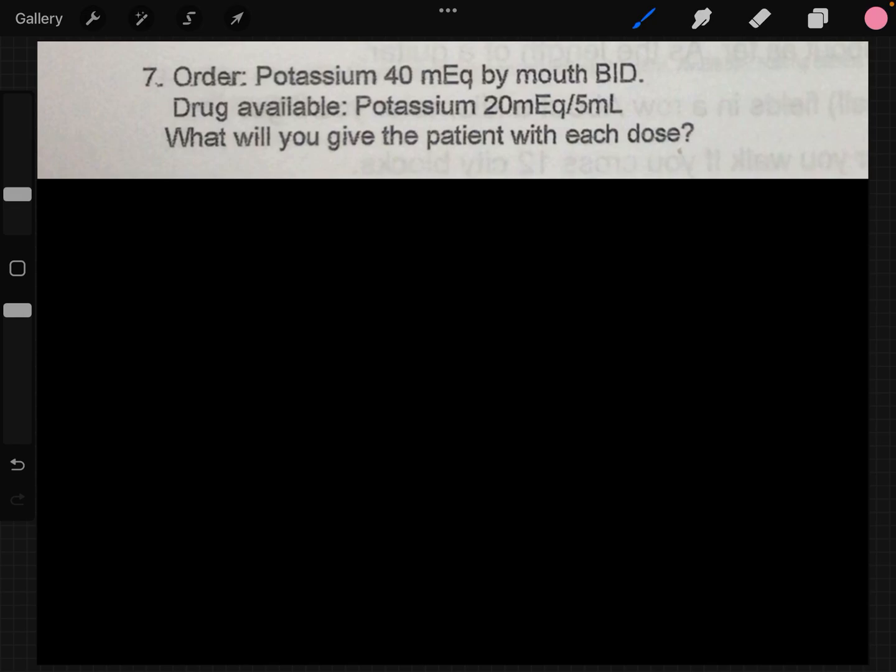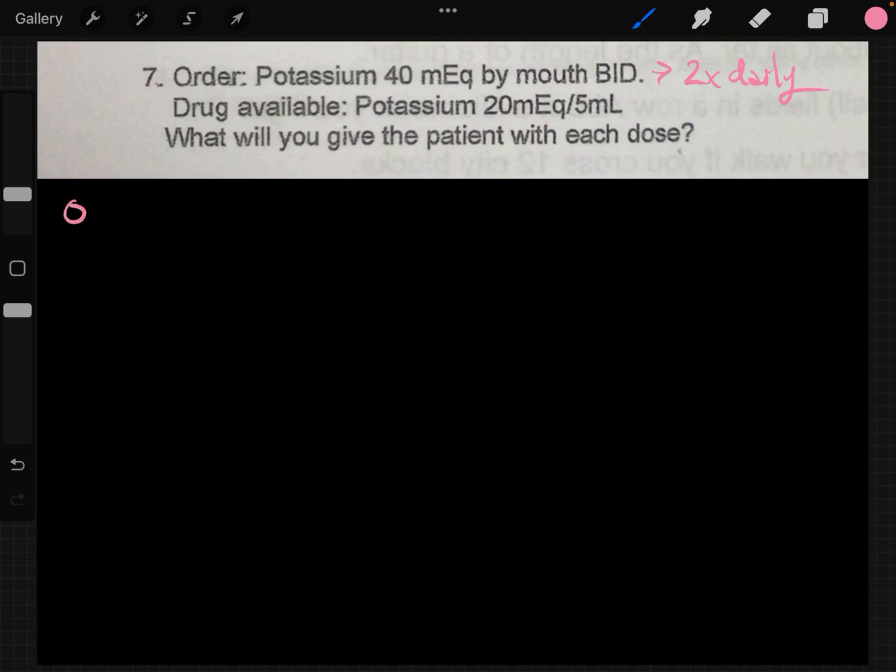Okay. Ordered amount is potassium 40 MEq by mouth BID. So remember, the BID means 2 times daily. The amount available is potassium 20 MEq for 5 milliliters. What will you give the patient with each dose?